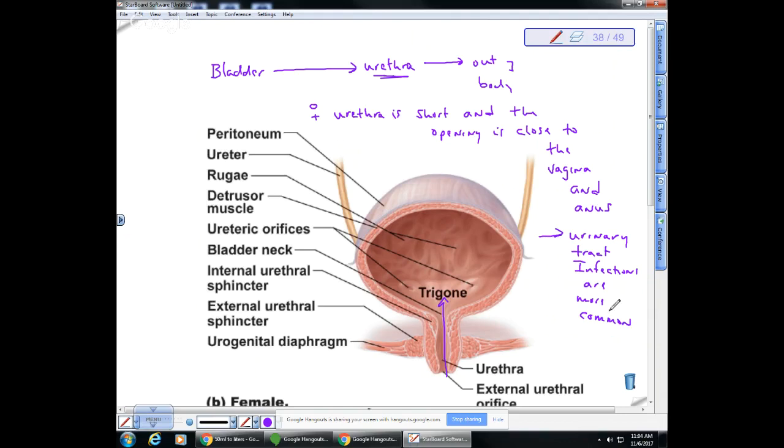And then you get a bladder infection. And then the worst that can happen is the bacteria get up into your kidneys, and then your kidneys will shut down after a while of being infected.